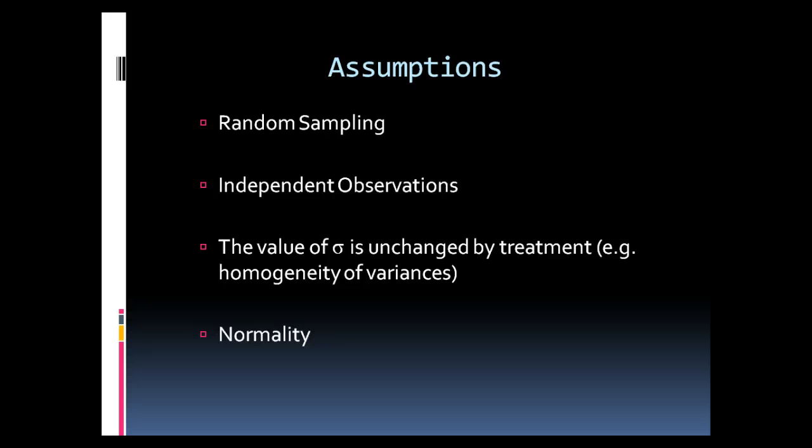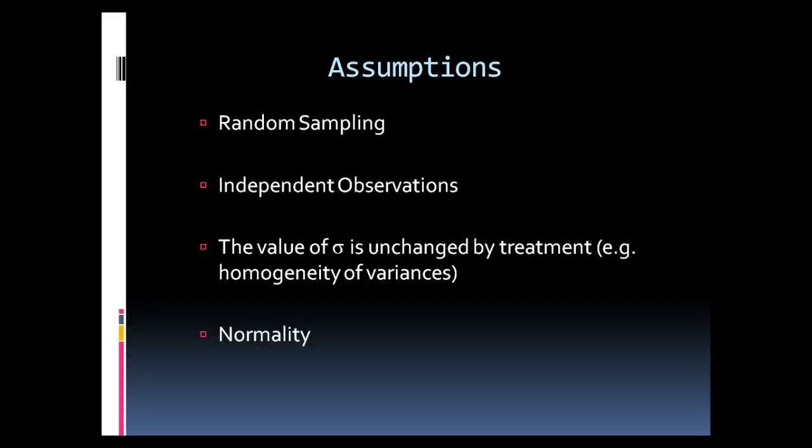Independent observations, meaning in this case, like in the Wisconsin card sorting test example, that two of the elderly people, people over 65, who were completing the task weren't spouses or relatives, because those observations are not entirely independent.